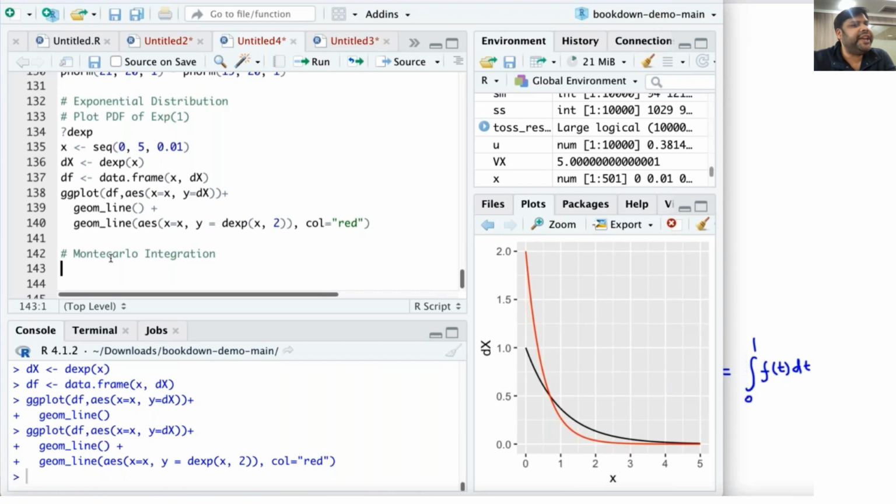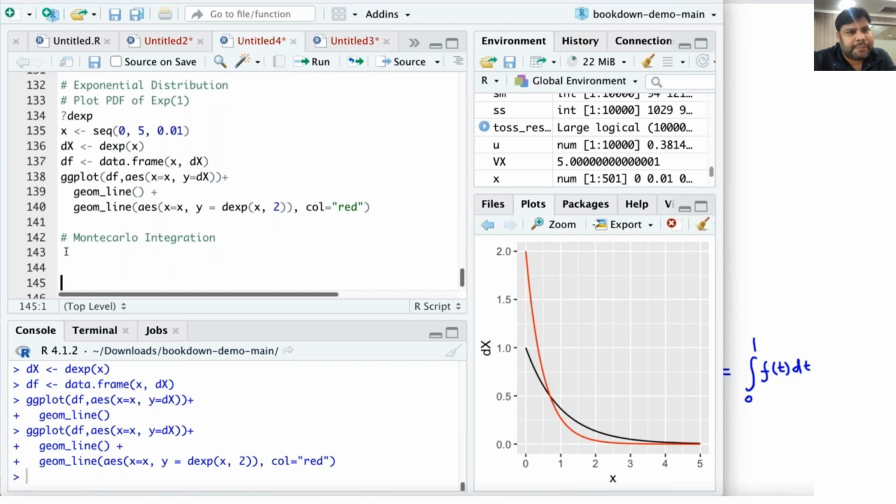Let's integrate x squared from 0 to 1. So what is the value of the integral of x squared from 0 to 1? 1 by 3, right? So we should get a value close to 1/3. Let's see how we are going to do this.